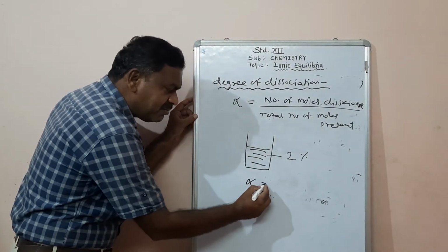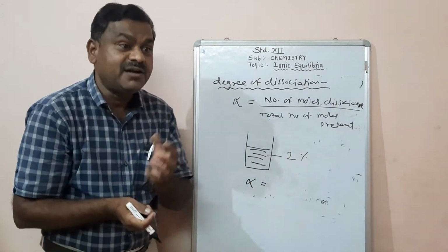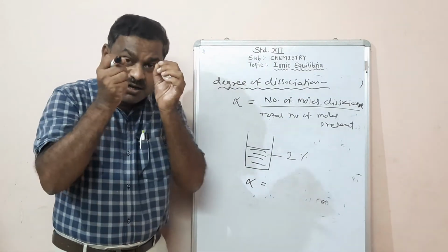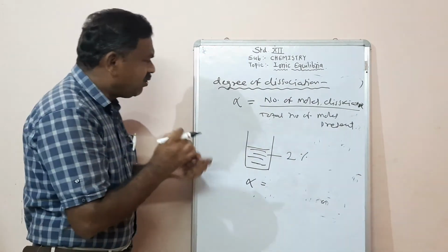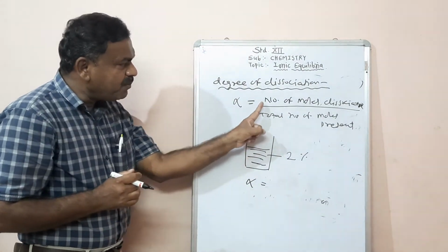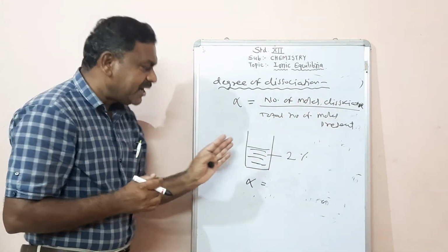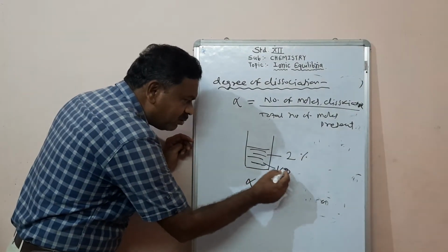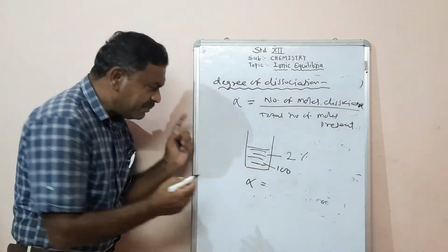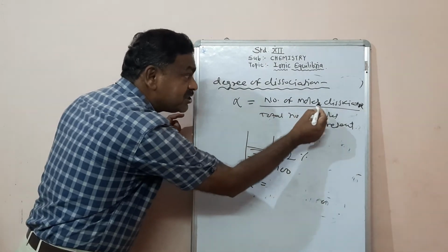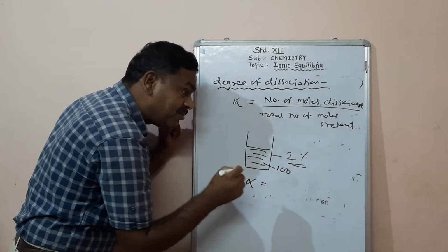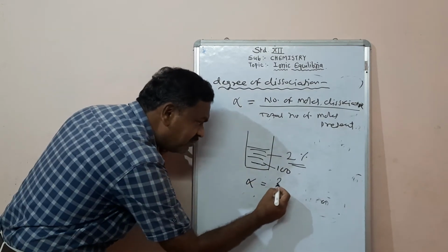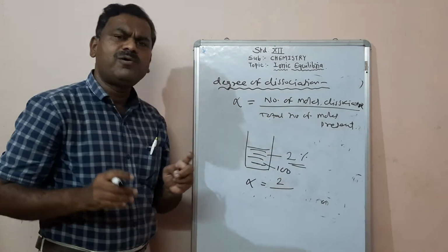Alpha is the number of moles dissociated to the total number of moles.